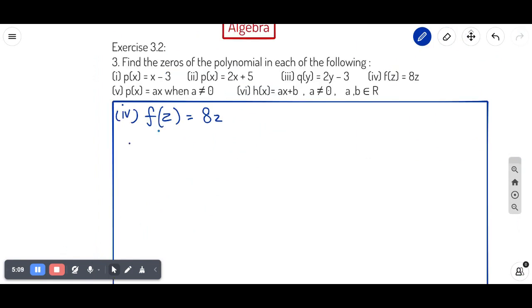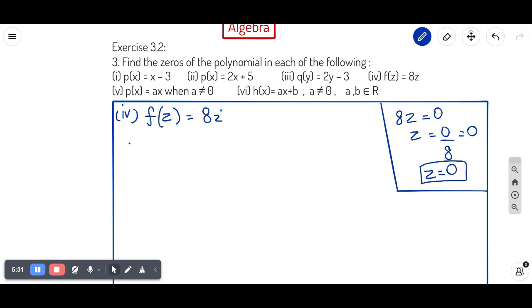Next question is f of z is equal to 8z. So let's move on to our rough work. 8z is equal to 0. So now z is equal to 0 divided by 8, which is nothing but your 0. So what you got is z is equal to 0. So let's try and check whether z is equal to 0 is the 0 of this polynomial.